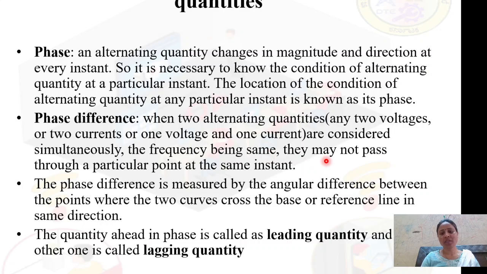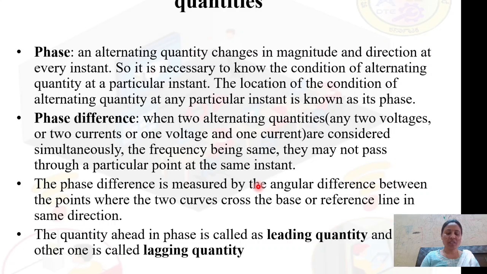It is not necessary that they pass through any particular point at the same instant. One quantity may cross the zero value and achieve the maximum value at one time interval, let us say at time t1, and the other quantity may start from its reference value and reach the maximum value at some other time interval, let us say t2.